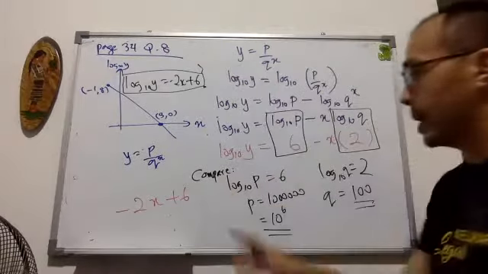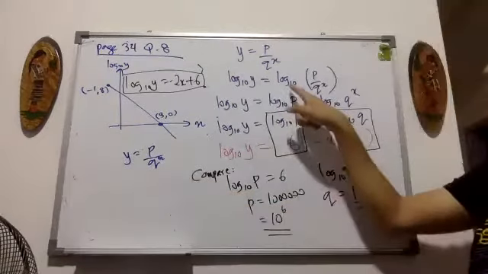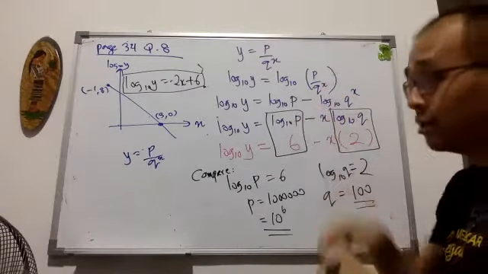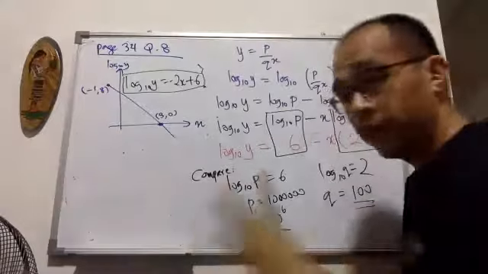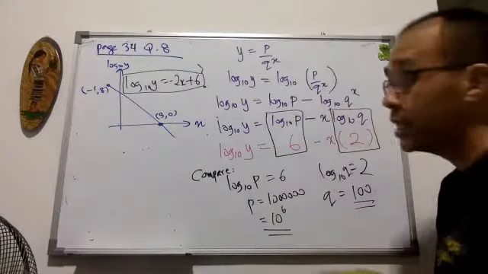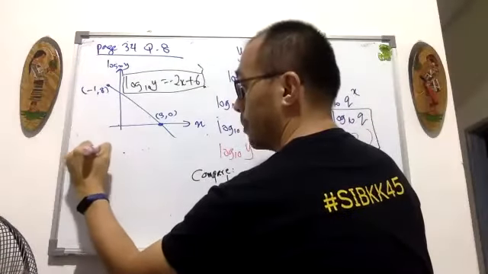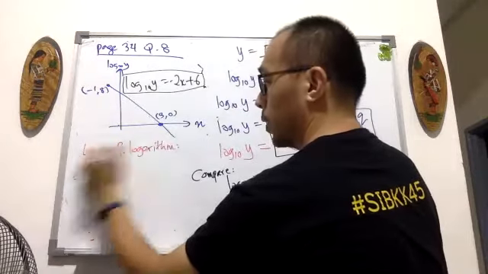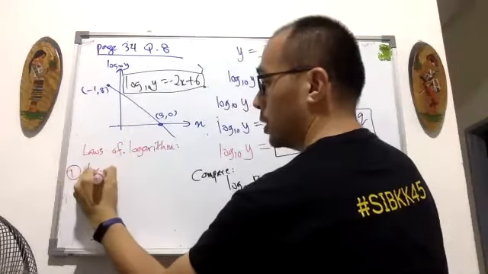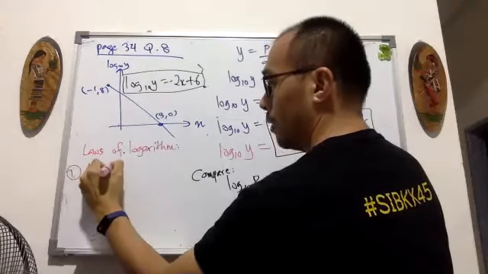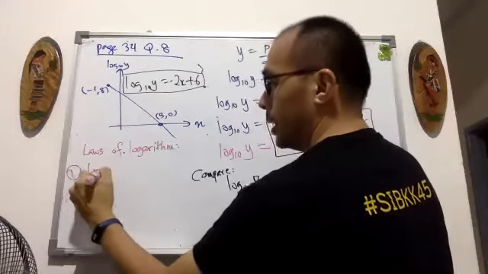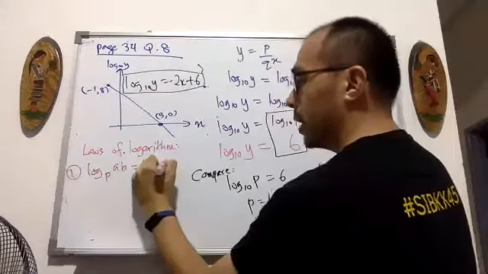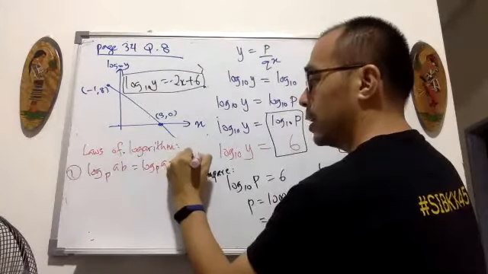In case some of you are asking, how did I get this, log 10p divided by q, and the q to the power x suddenly becomes minus? Let me remind you once again, in Form 4, Chapter 5, I think, you learn the laws of logarithm. The first law is log base p of ab equals log base p of a plus log base p of b.